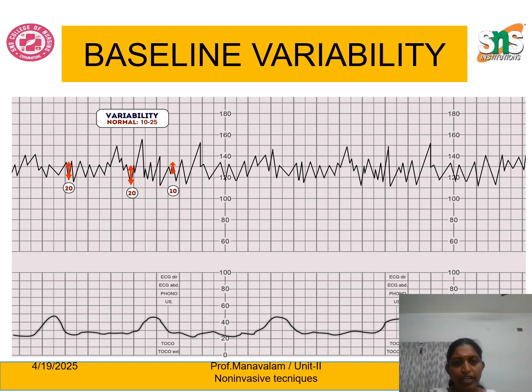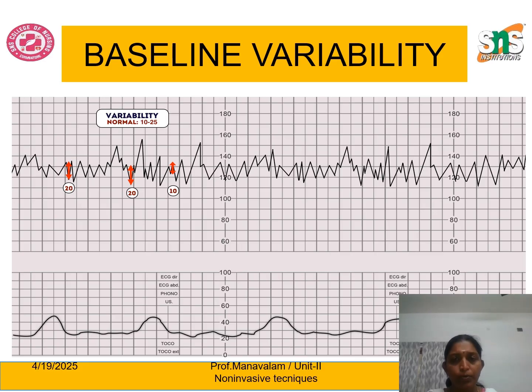This baseline variability mainly depends on an intact fetal nervous system. Baseline variability happens because there is proper functioning and coordination between the central nervous system, baroreceptors and chemoreceptors. This good coordination leads to changes in the fetal heart rate, which is called baseline variability.